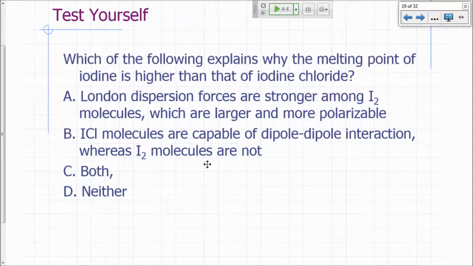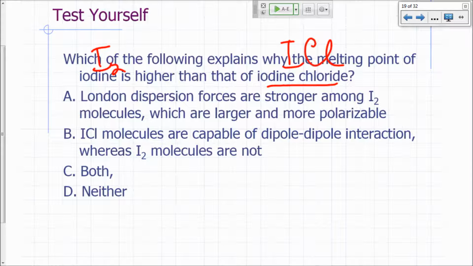Which of the following explains why the melting point of iodine, I2, is higher than that of iodine chloride, ICl? A, London dispersion forces are stronger among iodine molecules, which are larger and more polarizable. B, ICl molecules are capable of dipole-dipole interactions, whereas I2 molecules are not.